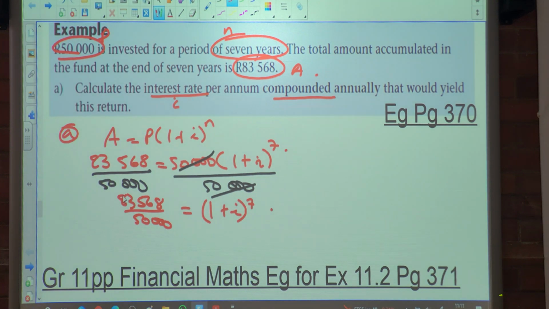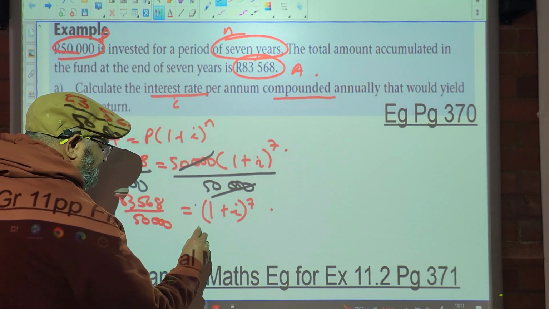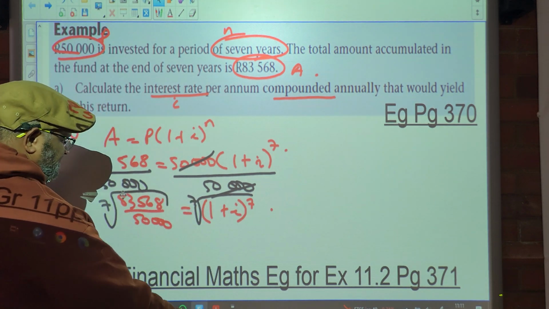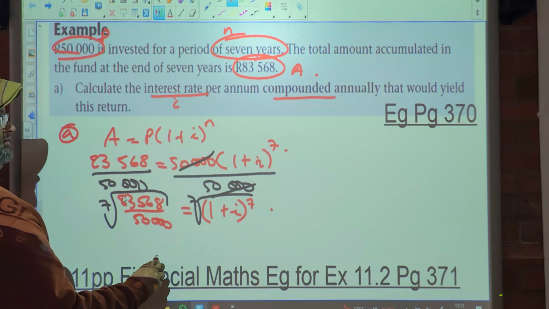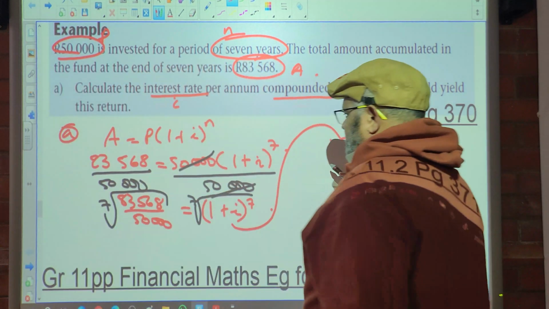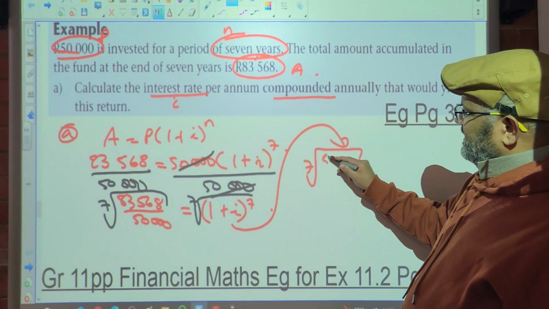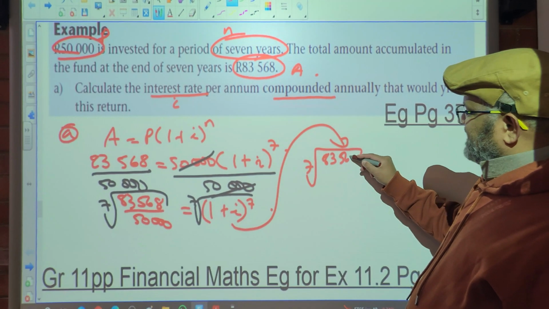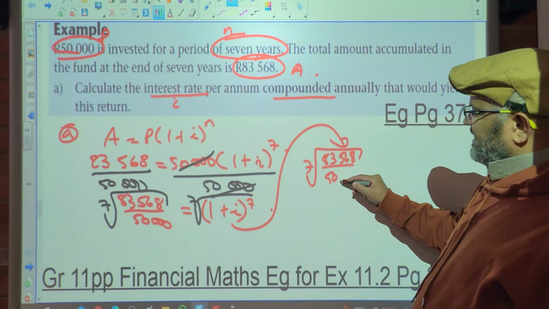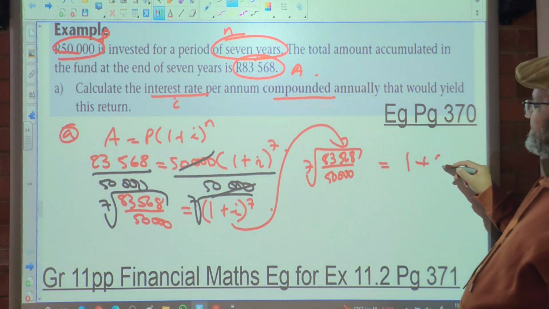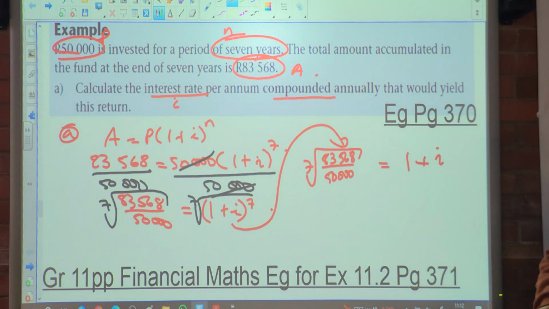What do I do now? Take the 7th root. Yes, nice. Get rid of that 7. So the 7th root on either side of the equal sign, which now leaves you with the 7th root of 83,568 rand over 50,000 rand equals 1 plus I. What do we do now?